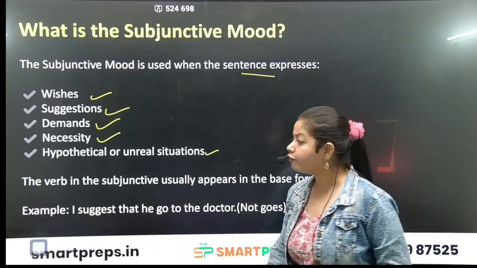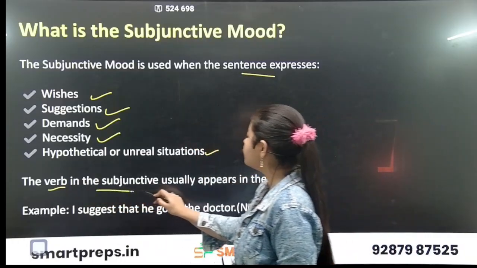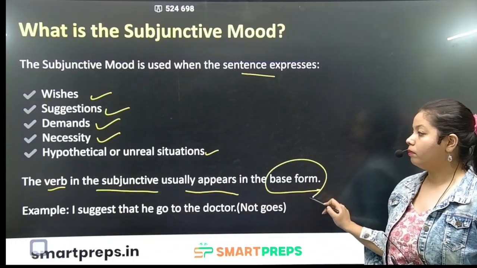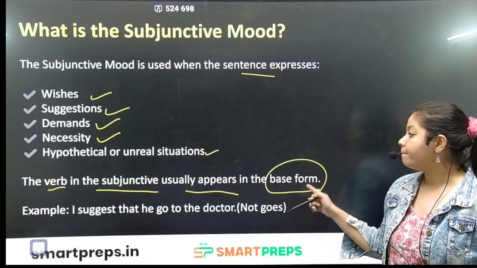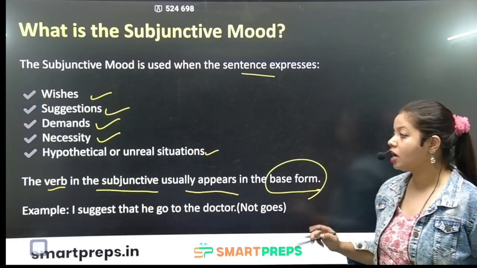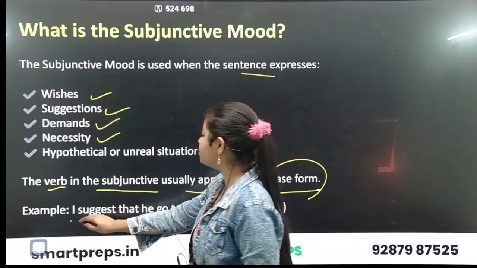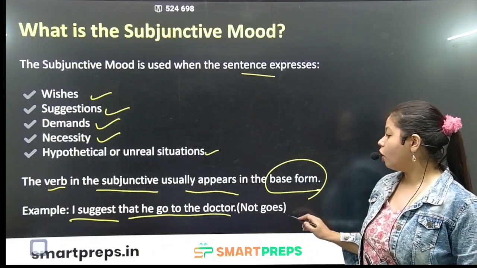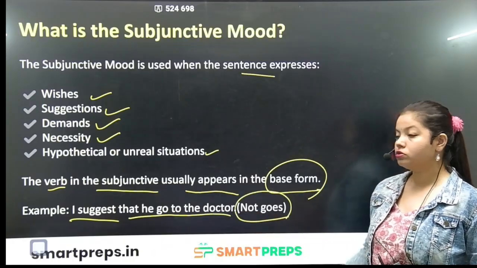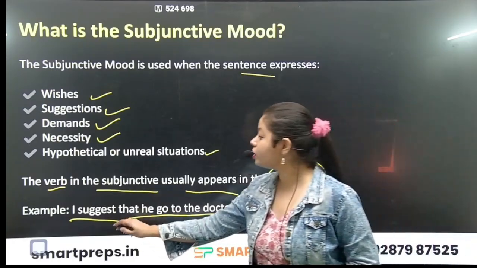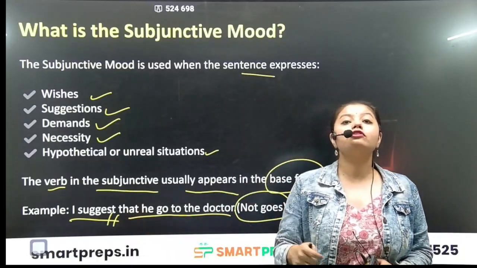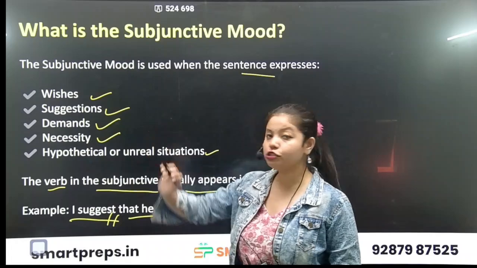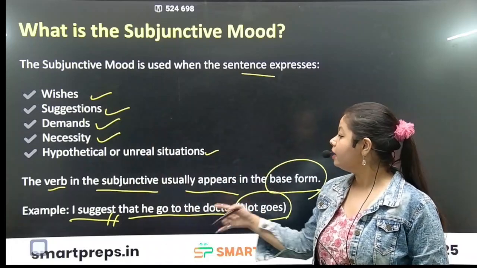The verb in the subjunctive usually appears in the base form. This is a very important point. For example, I suggest that he go to the doctor, not goes. I suggest, giving a subjunctive expression, so that he go to the doctor.